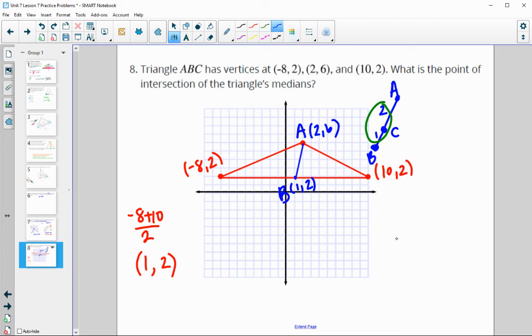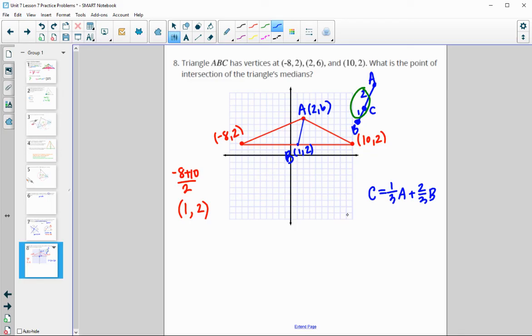And we want the point to be closer to B. So we're going to do 1/3 with A, and we're going to do 2/3 with B, so that this new point is closer to B. So if I do 1/3 of point A, and point A is the point 2, 6, and I do 2/3 of point B, which is the point 1, 2, this will find me the new ordered pair for a point that is splitting this segment up, or partitioning it, into a 2-to-1 split.